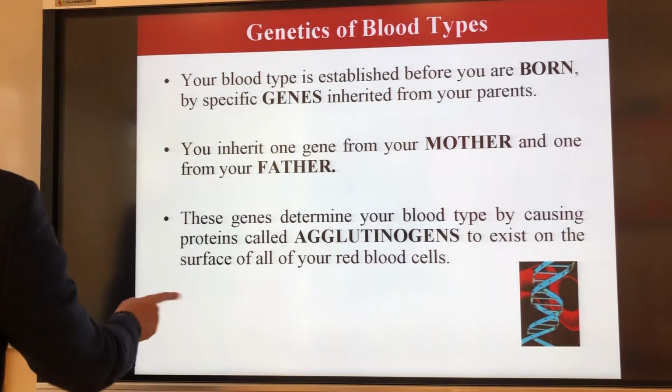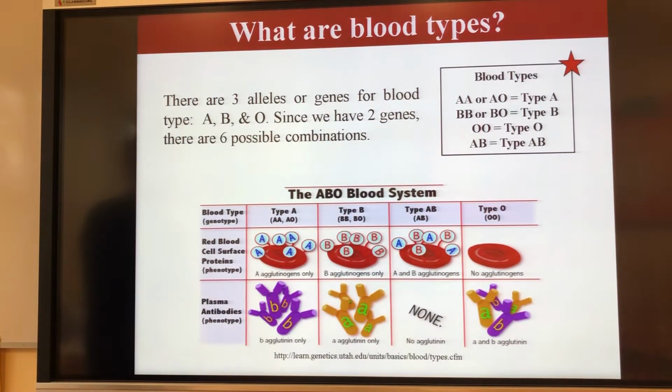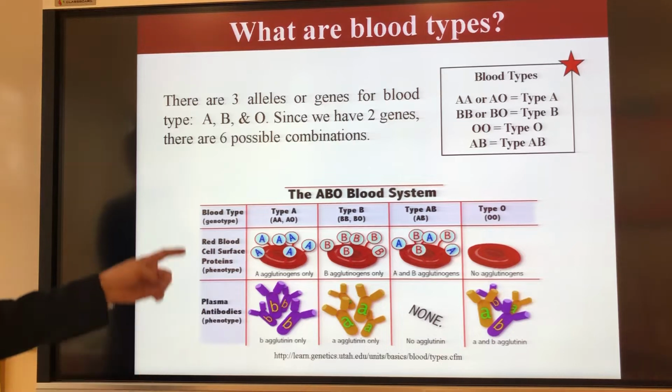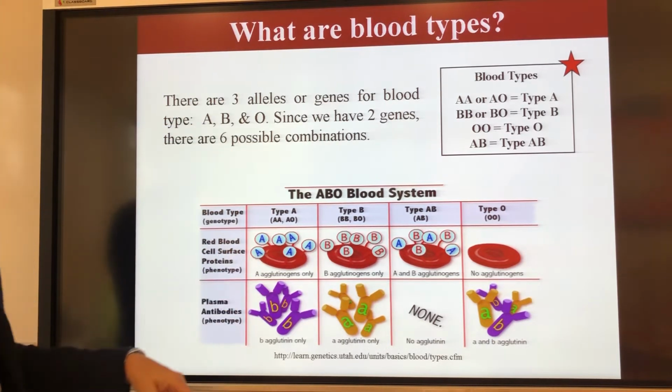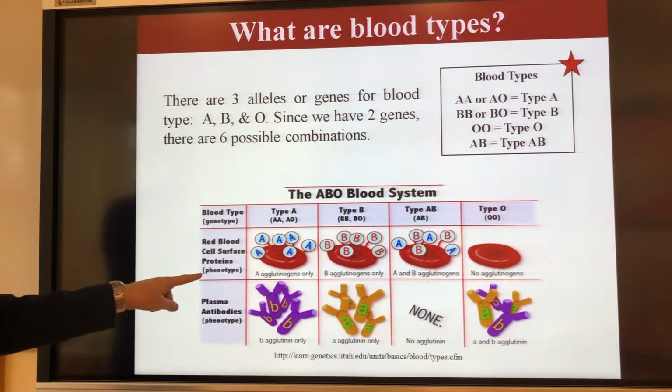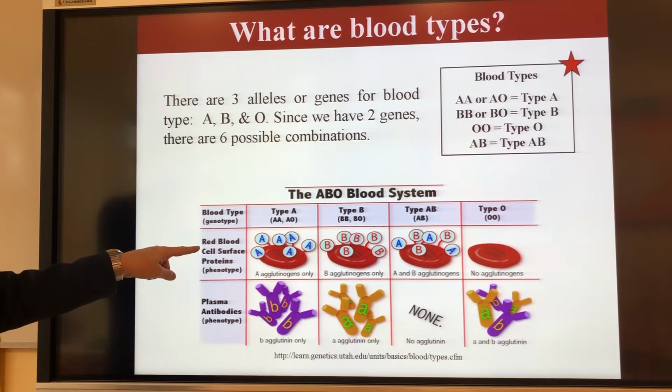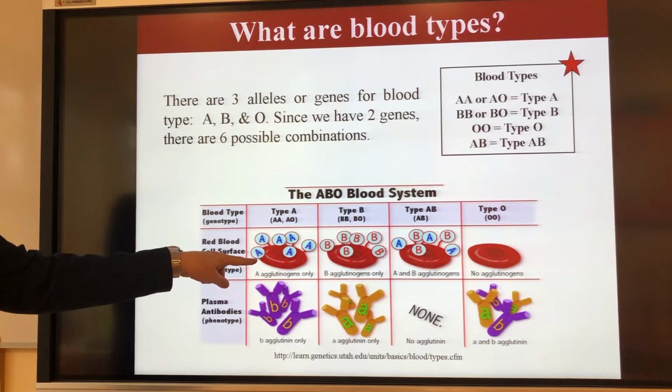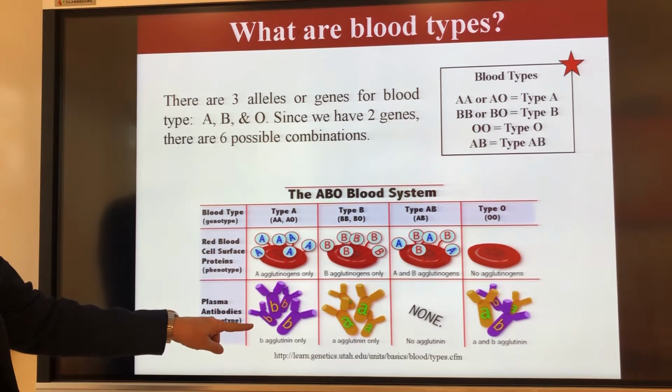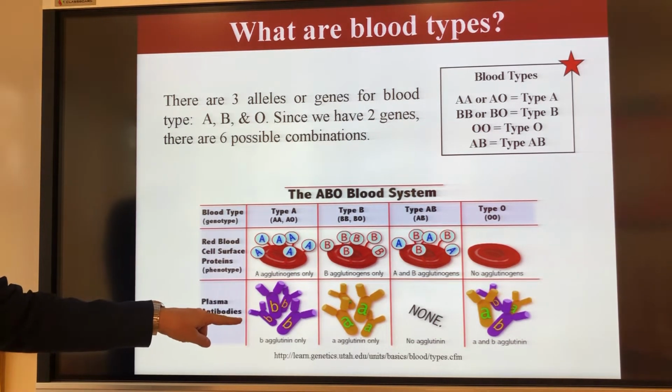So, let's see the details of this. We can have a look at a chart. There are 3 genes for blood types, A, B, and O, and by using these we can have the different types. Type A blood has certain red blood cell surface proteins, A, but the antibodies are B antibodies in it.